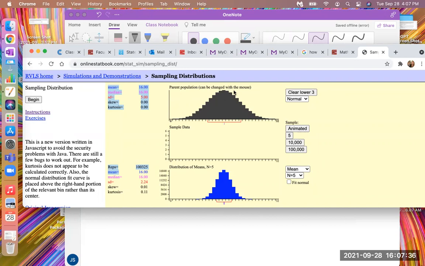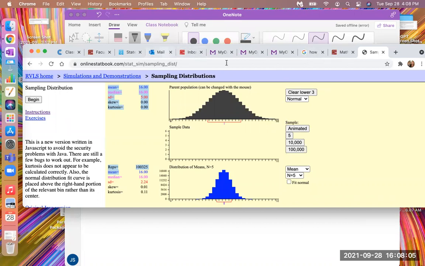We only find probabilities of a single event, like picking one random thing, with the original distribution. But if we want the probability of getting a sample of 50 things with a mean of something, we have to use the sampling distribution of the sample mean.